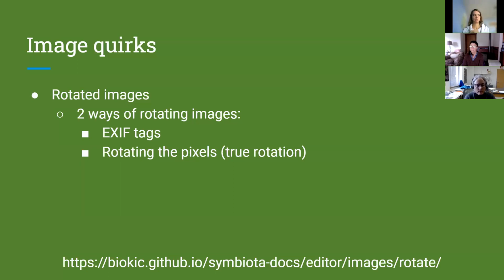But if you just use something like Windows Photo Viewer, I think it just sticks an EXIF tag onto it. So if you ever have troubles with rotation of your images and you're like, I rotated them, but then I uploaded them and they're still showing up rotated, it might be because the way that you're rotating them isn't using that actual pixel rotation type of way.